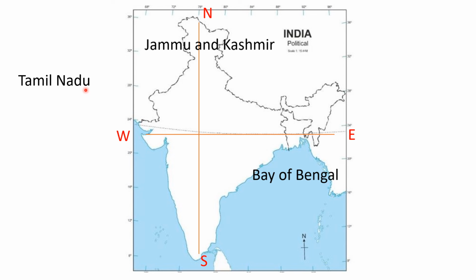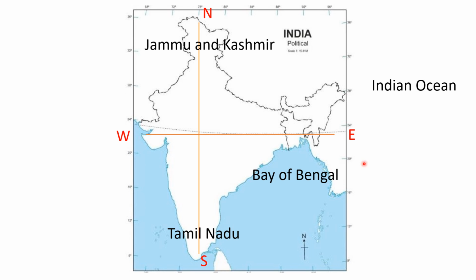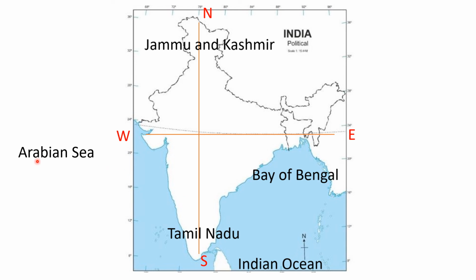Tamil Nadu lies in which part of India? To the south of India. Indian Ocean. Where is the Indian Ocean? To the south of India. Arabian Sea. Where does the Arabian Sea lie? To the west of India.